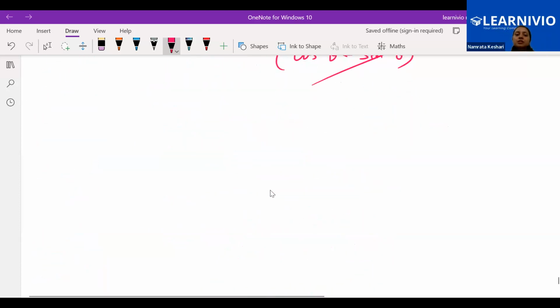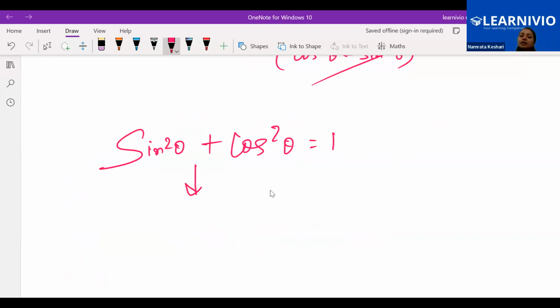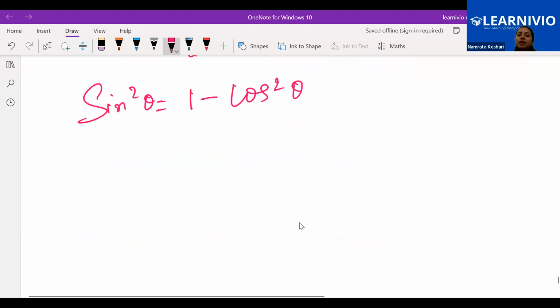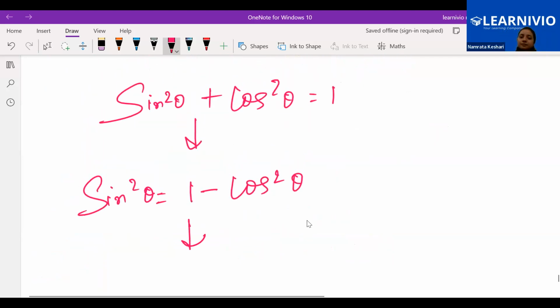Why? See, the identity is sine square theta plus cos square theta is equals to 1. From this identity, we are getting that 1 minus cos square theta is equals to sine square theta. And from this identity only, we are getting that cos square theta is nothing but 1 minus sine square theta.